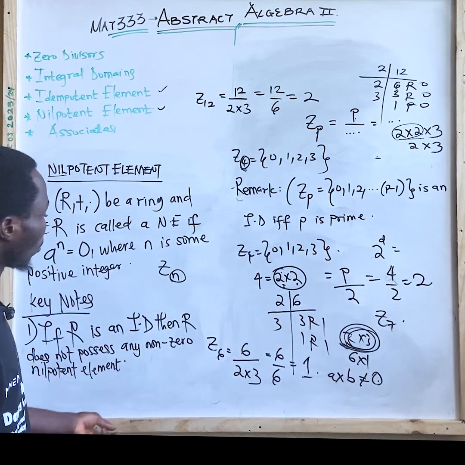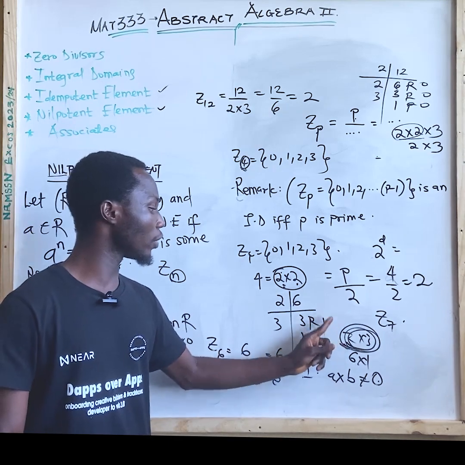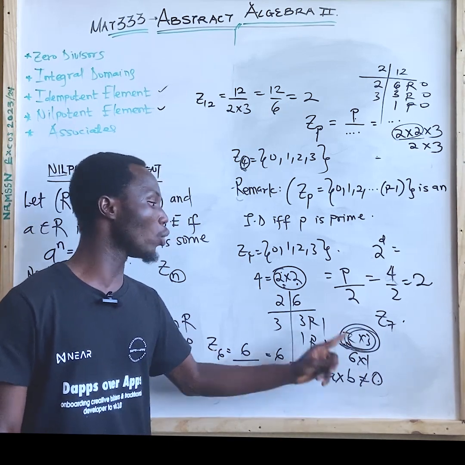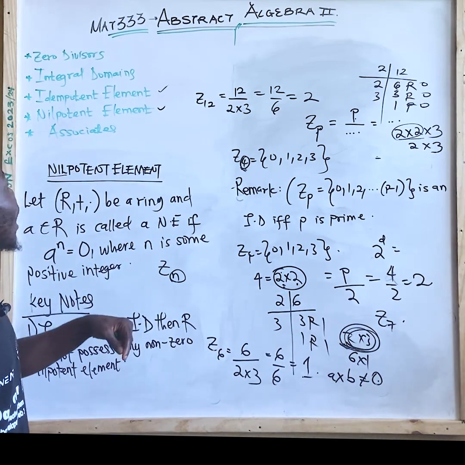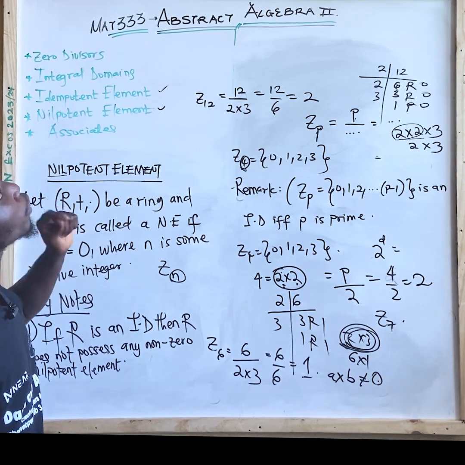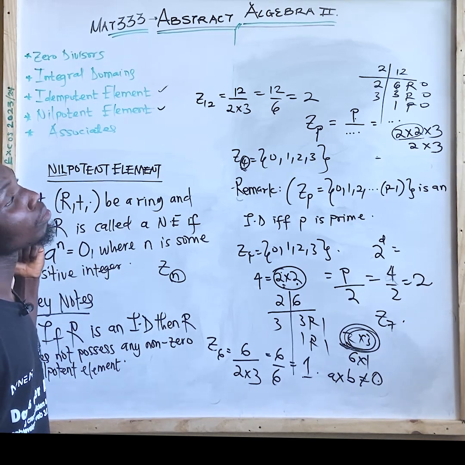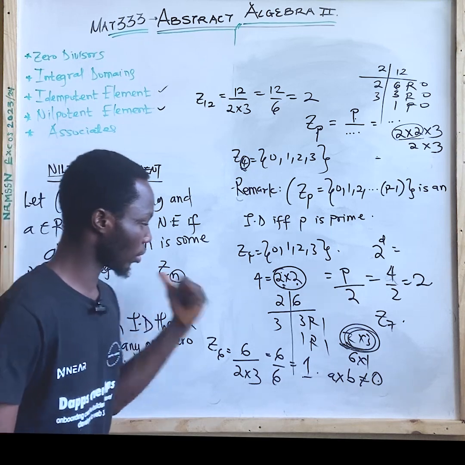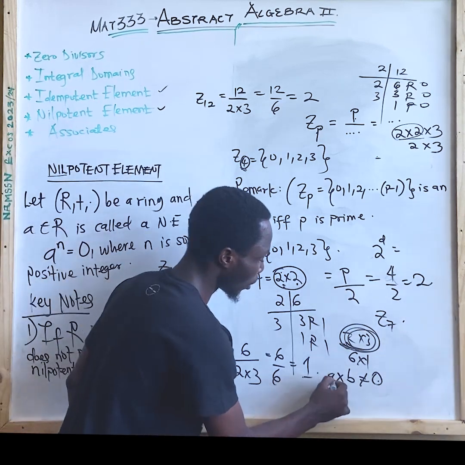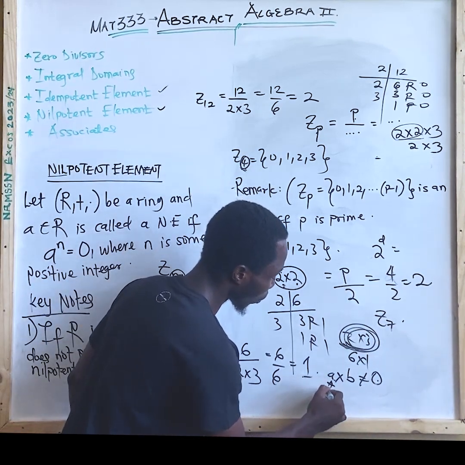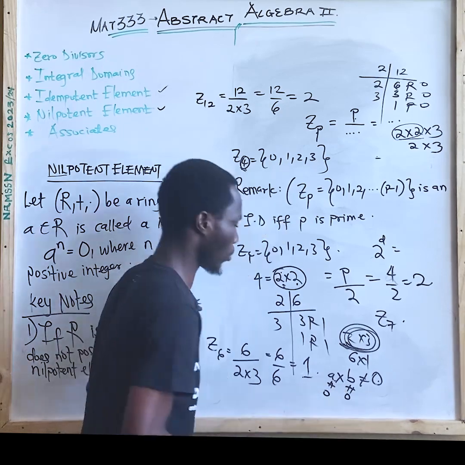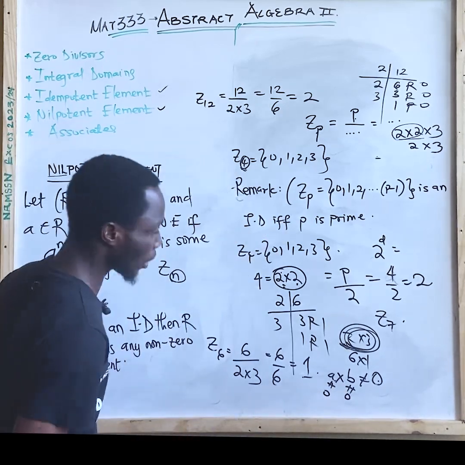And what is an integral domain? A commutative ring with unity that has no zero divisors. Which means that there are non-zero elements A and B whose product is not 0. Let me make this clear.